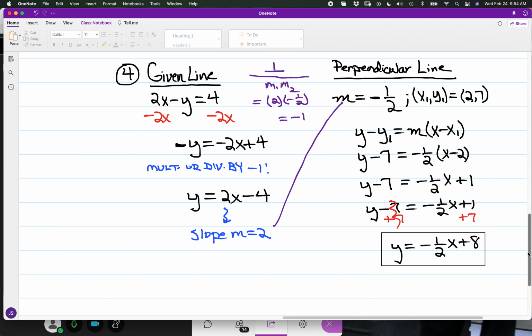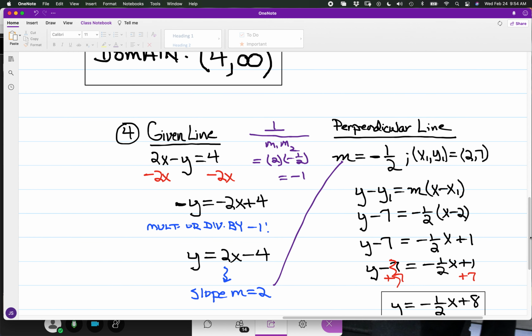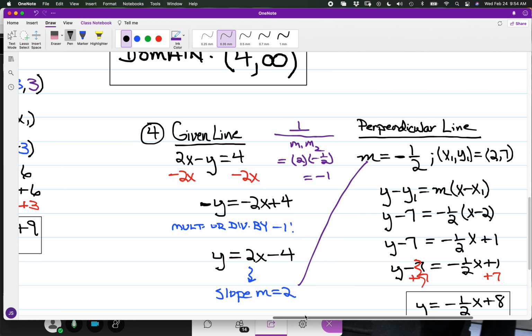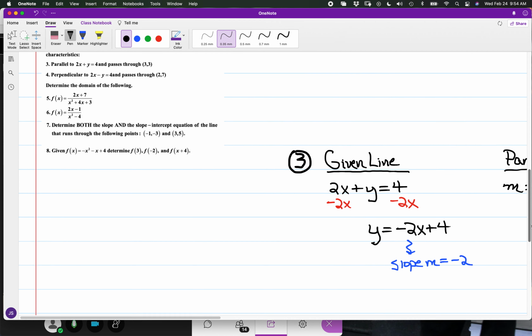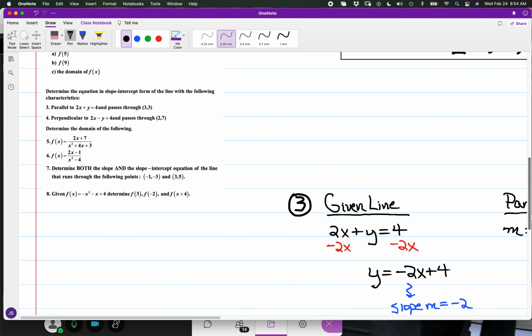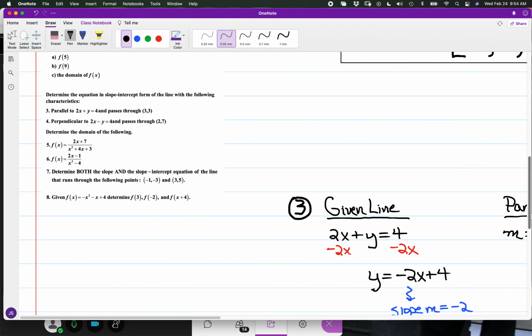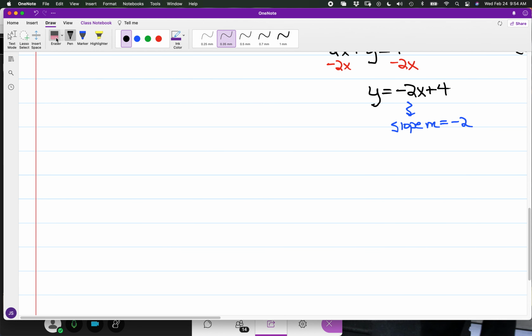Okay. Now, for the next item, we have a crossover to looking at, once again, the domain of functions.